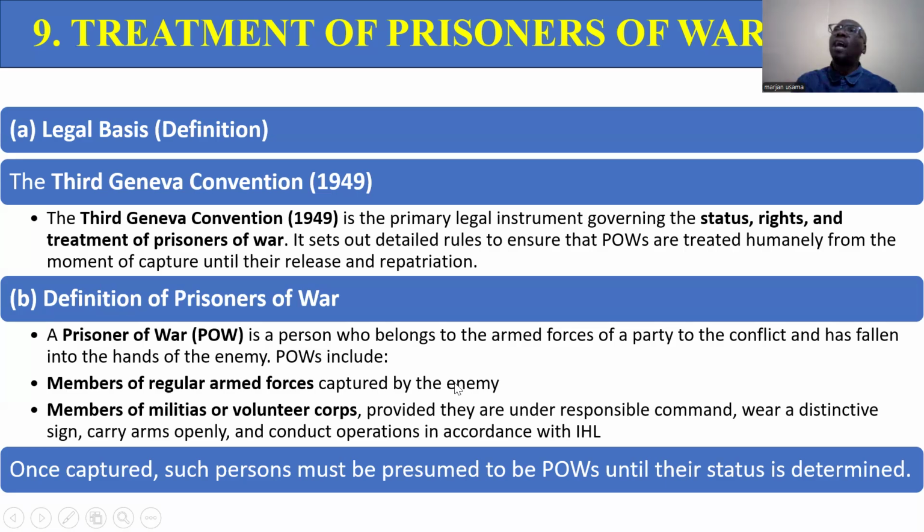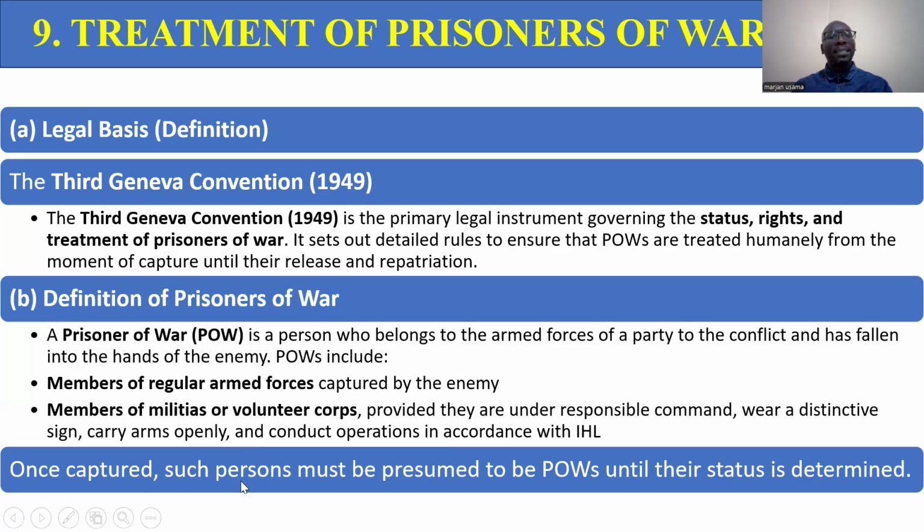Then thirdly, members of militias or volunteer corps, provided they are under responsible command, wear a distinctive sign, carry arms openly, and conduct operations in accordance with IHL. So members of militias like Shabab, maybe the Boko Haram, a lot of militias in Africa.